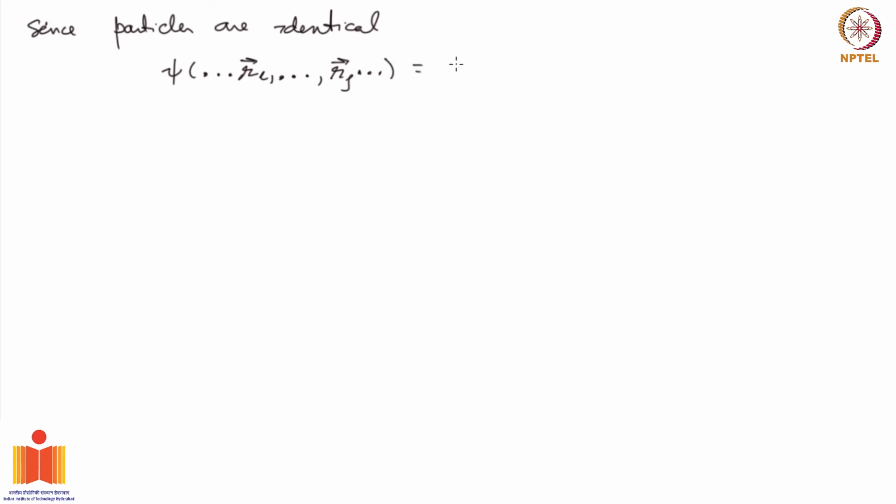So here, rj and ri: I have interchanged the ith and jth particles. This is one possibility, and the other possibility is the minus sign. Plus is for bosons and minus is for fermions.